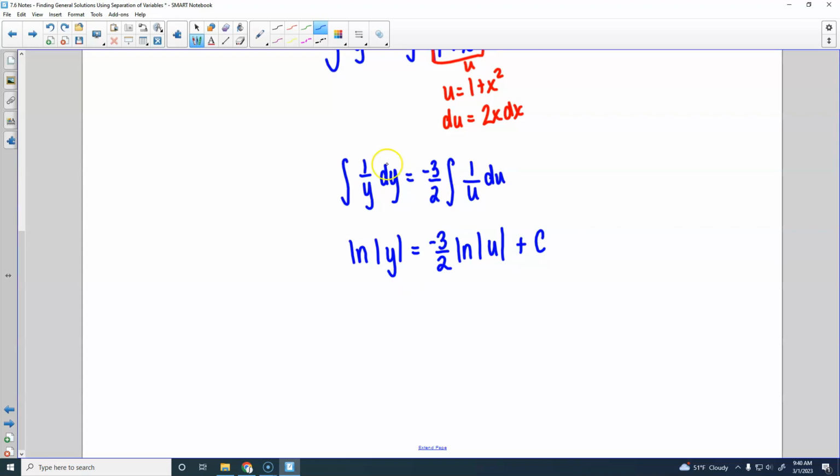So it covers the integral on the left and the right. And we want to put the u back in. If you went ahead and did that in that step, that's fine. I have waited. So I've got -3/2 natural log of 1 plus x squared.